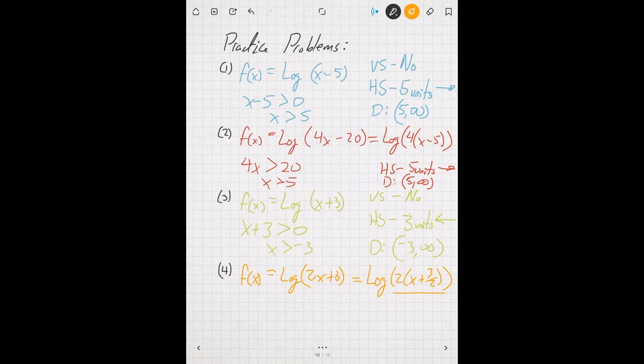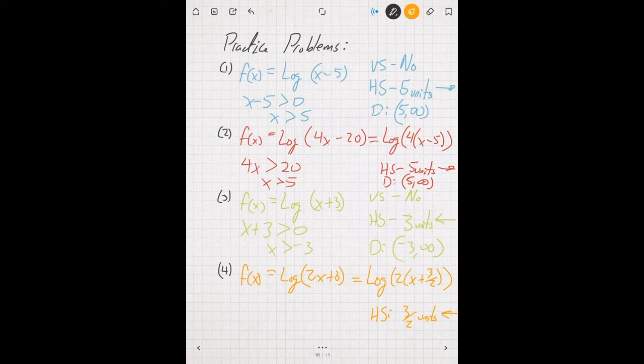And when I factored a 2 out, I was left with 3 halves. And that's okay. That's fine. Your logarithm functions don't have to be shifted over whole number amounts. They can be shifted over fractional amounts. That's totally fine. So the horizontal shift here is 3 halves units to the left.